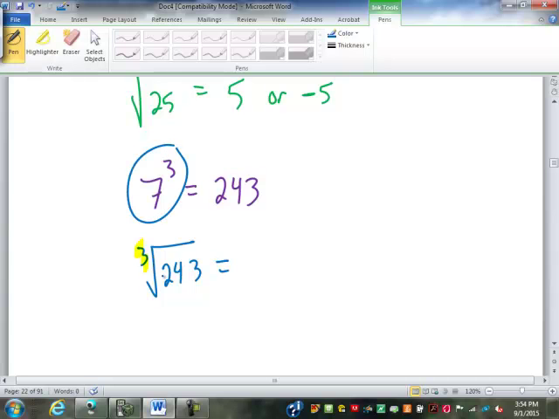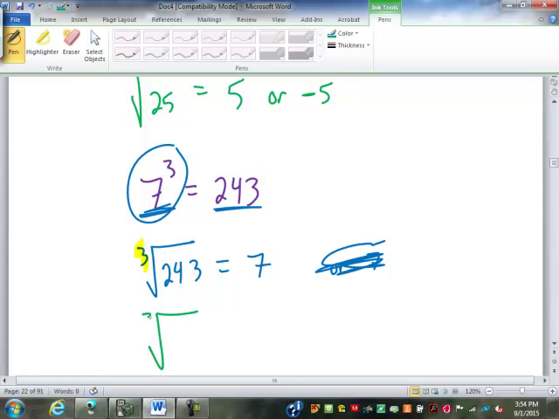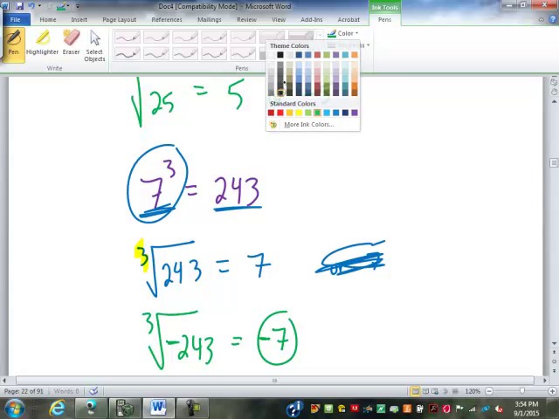So the cube root, or the third root, of 343 is 7, because 7 to the third power is 343. Do I have to include or negative 7 here? No. Because if it were a negative number, it would come out to be a negative answer. The third root of a negative 343 is negative 7, because negative 7 to the third power would be a negative 343.